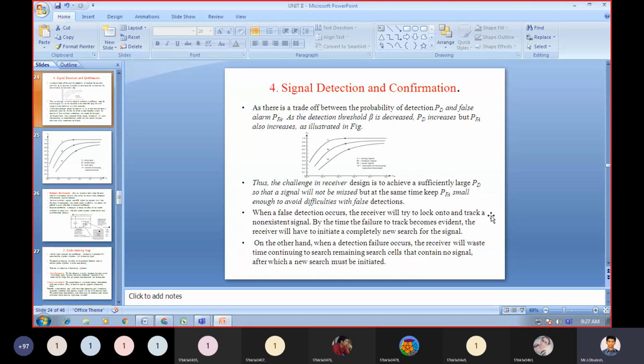On the other hand, when detection failures occur, the receiver will waste time.